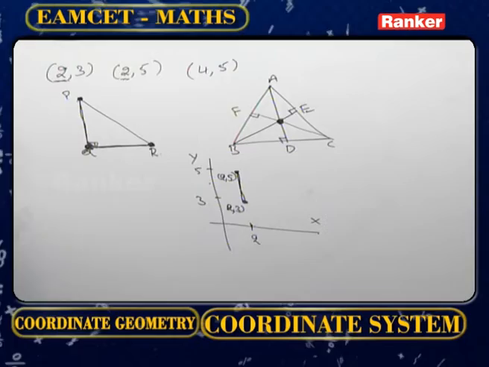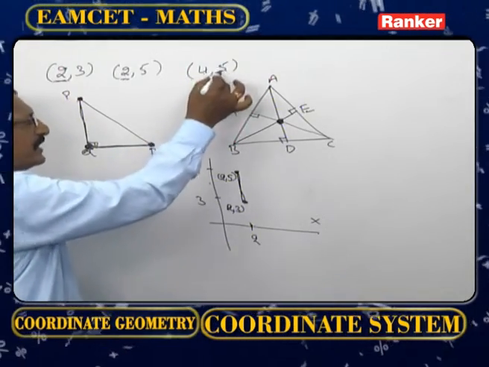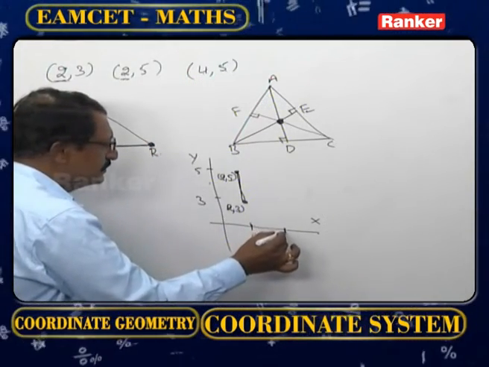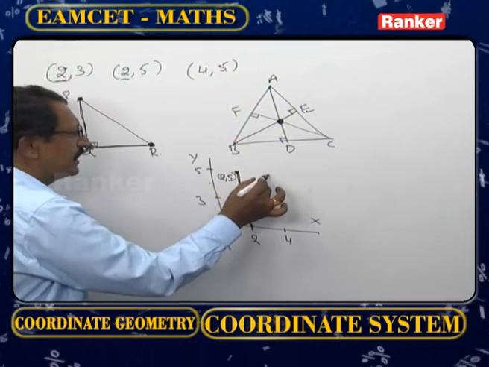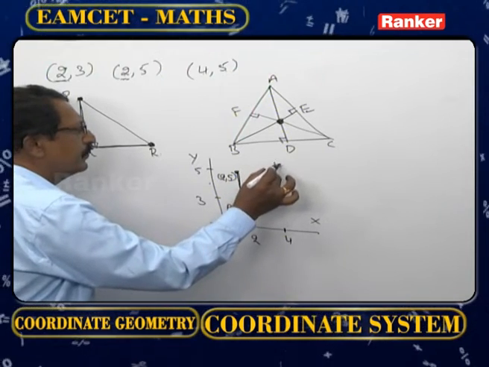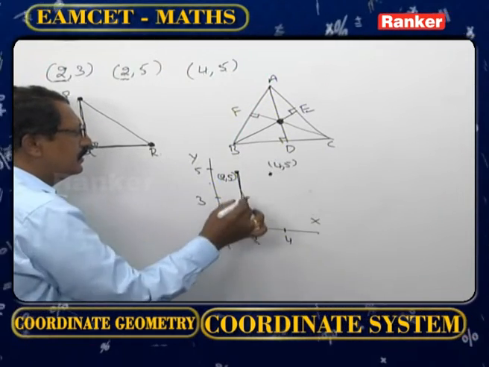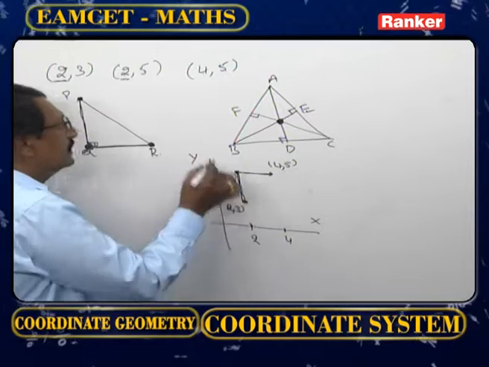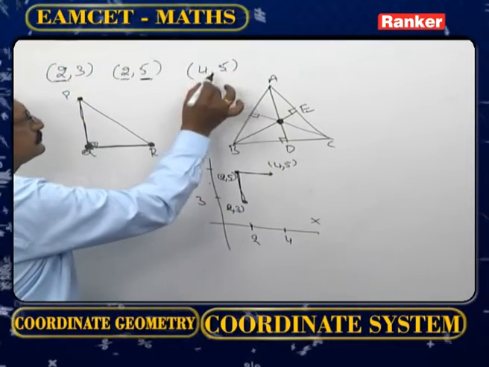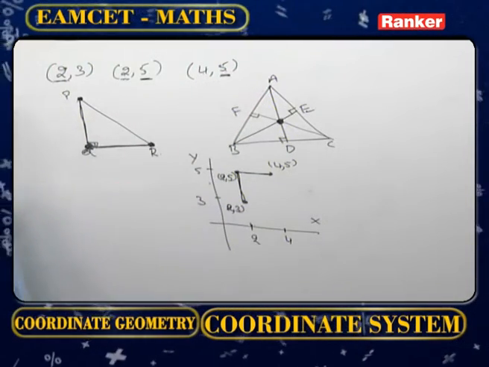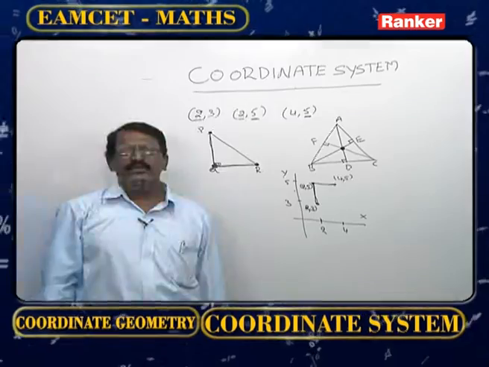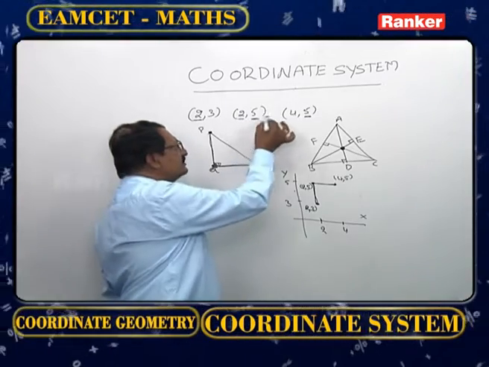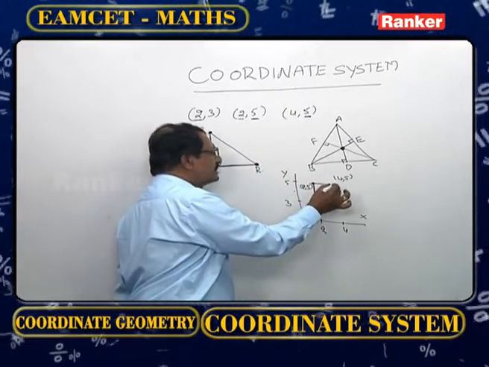Next, the third point (4, 5): on the x axis 4, y axis 5. Now in these 2 points the y coordinates are equal, so the line segment joining them is parallel to the x axis.